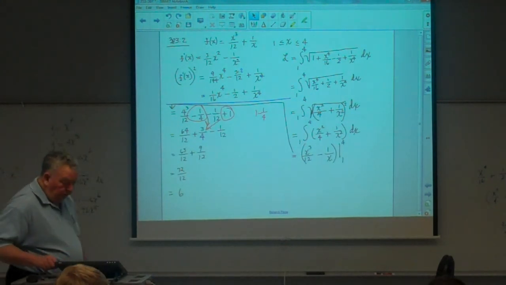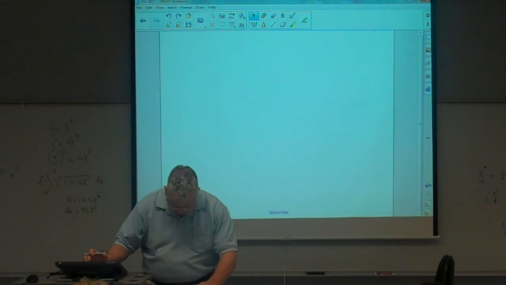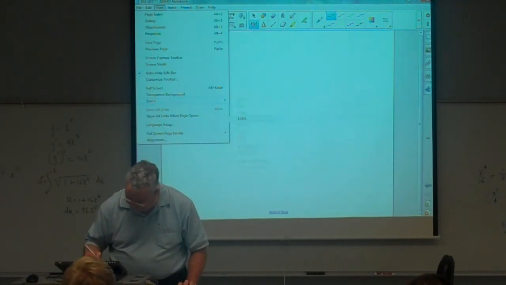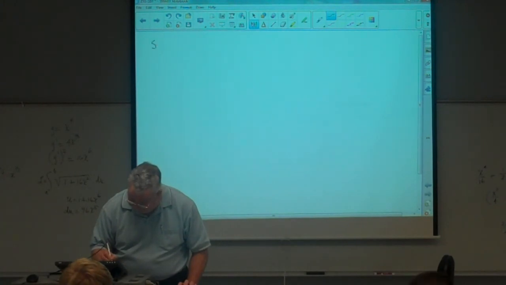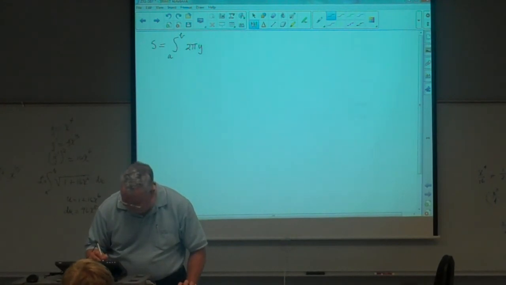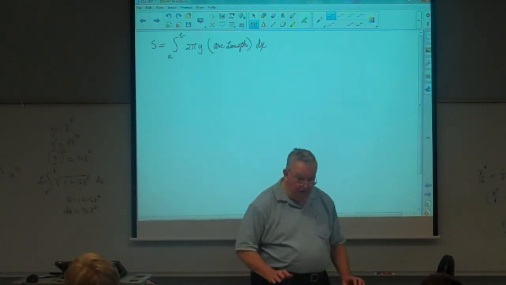So, what we're going to do for surface area is this. The surface area is that's the way I remember it and have for a long time.